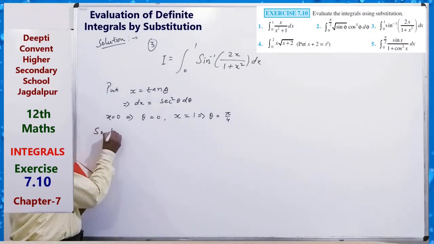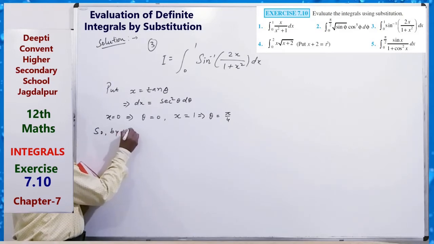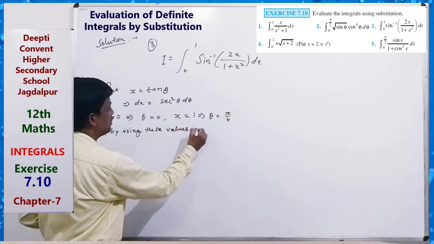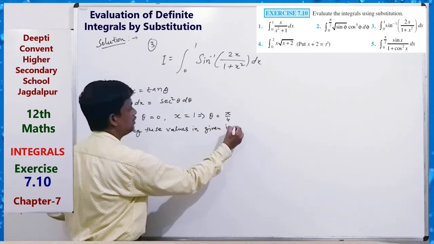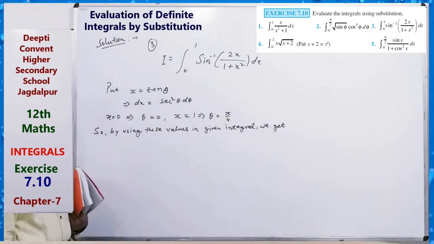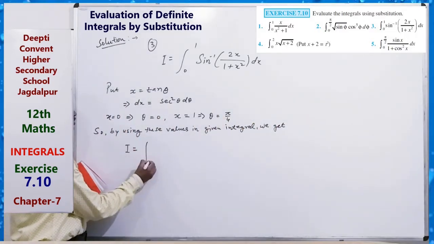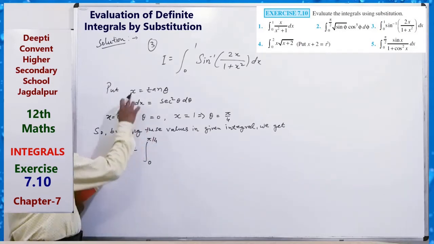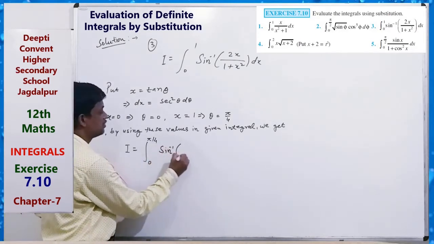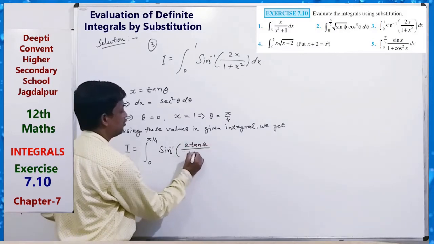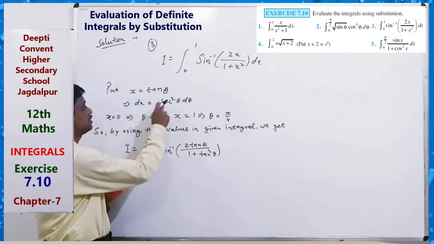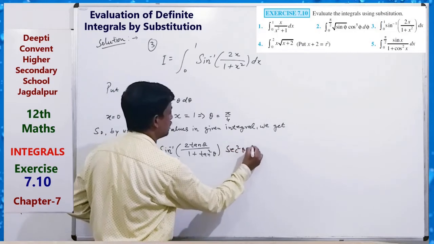So by substituting these values in the given integral, we get I equals to integral from 0 to pi by 4 of sin inverse of 2 tan theta upon 1 plus tan square theta, and in place of dx, sec square theta d theta.